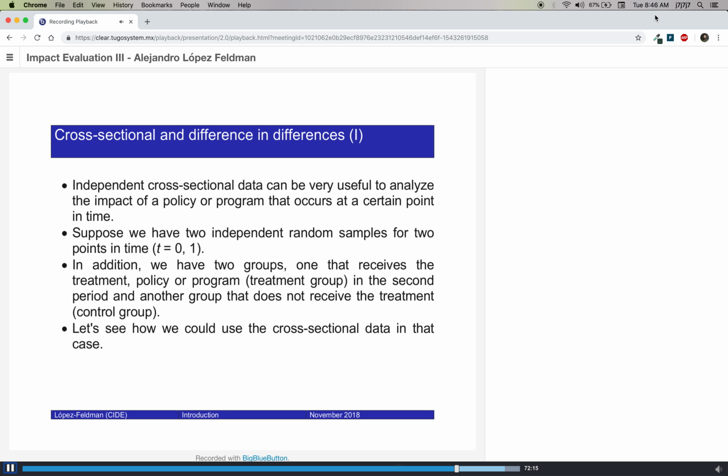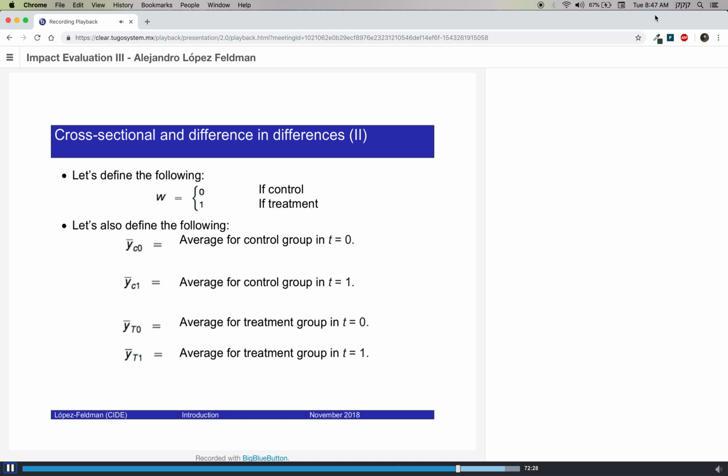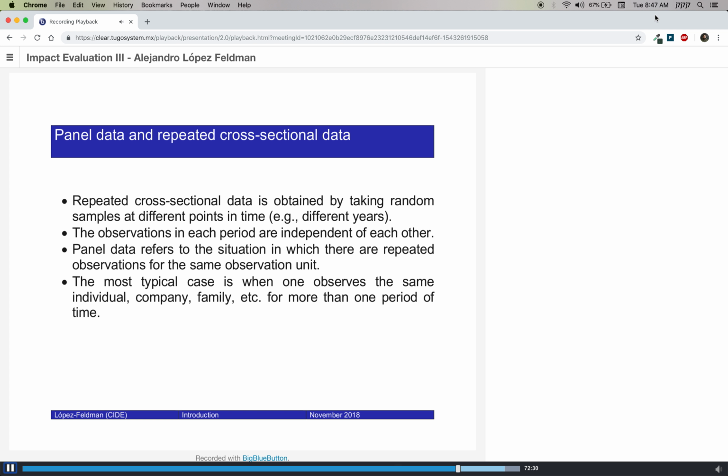So the other type of data is panel data, because I have a survey conducted in 2000, and I try to follow up on those households in 2010. So let's suppose that in 2000 I have 1,000 or 2,000 surveys, and in 2010 I try to follow up on those households.